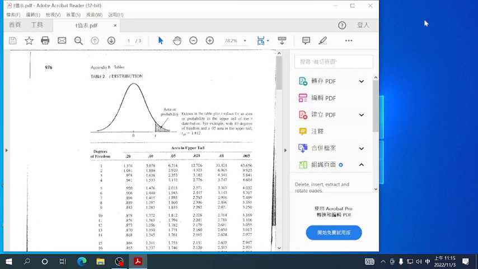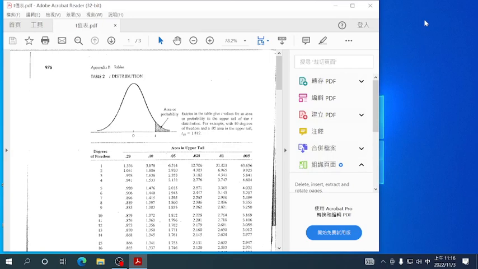So when I have 30 degrees of freedom, the critical value turns out to be 1.31. So it's something like here, 1.31. Why? Because more degrees of freedom means more sample size. Degrees of freedom is equal to the sample size minus k, where k is the number of x variables including the constant.